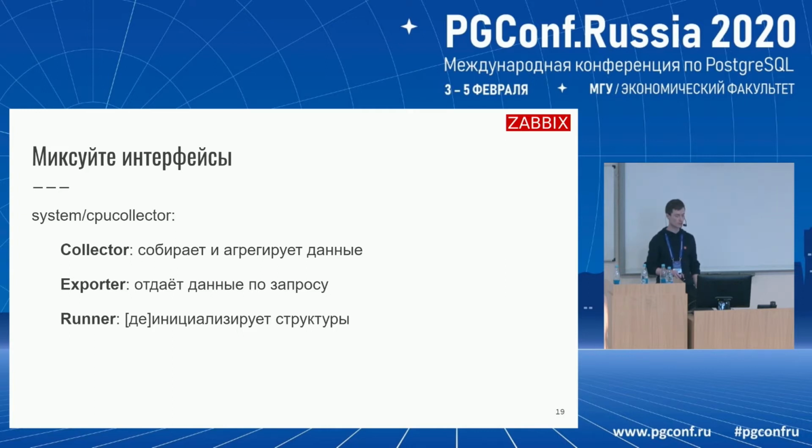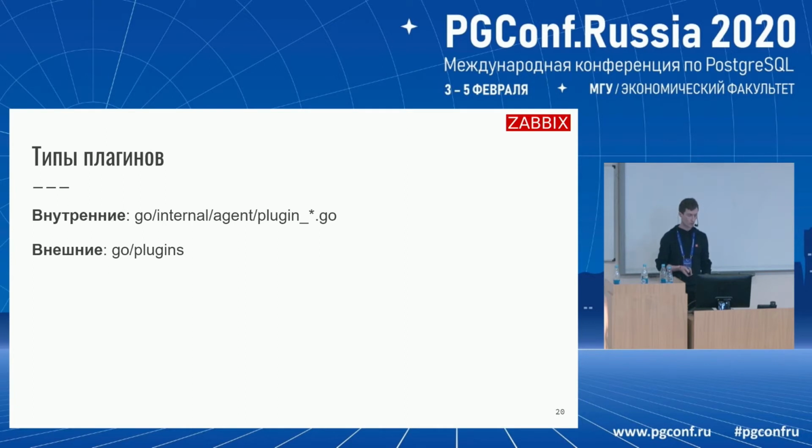There are no limitations on how many interfaces you can use. We can mix them as much as we want. For example, the system CPU plugin can use collector, exporter, and runner. Plugins can be external and internal.